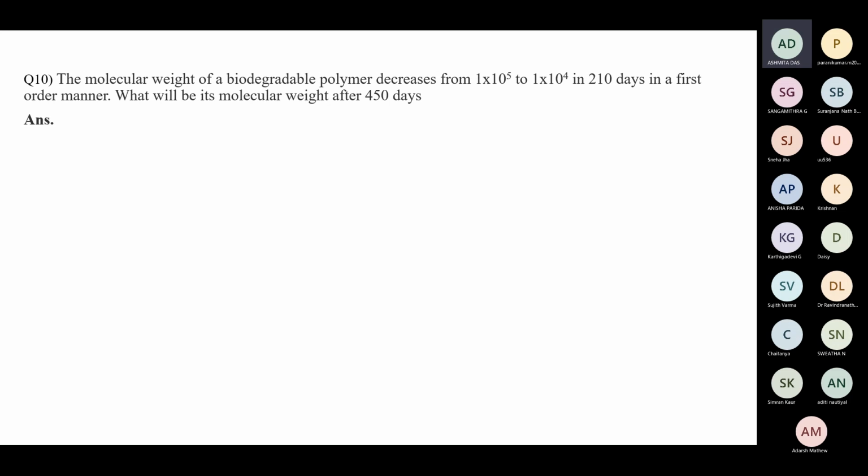The molecular weight of a biodegradable polymer decreases from 1 into 10 to the power 5 to 1 into 10 to the power 4 in 210 days in a first order manner. What will be its molecular weight after 450 days?